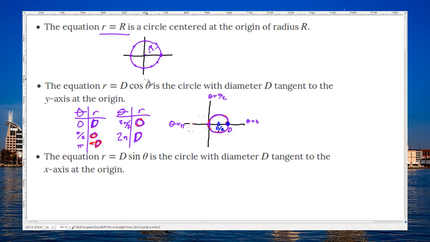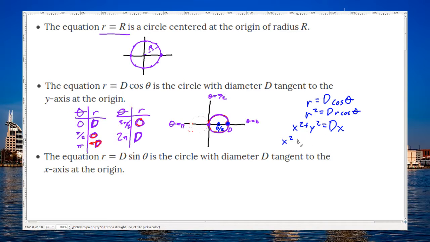And if you don't believe me that this is a circle, you can prove it. What do we have here? We have r is equal to d cosine of theta. I can multiply both sides by an r to get r squared equals d r cosine of theta.